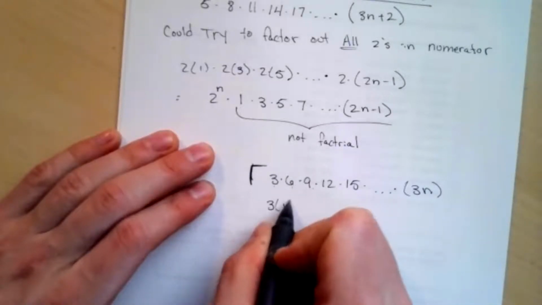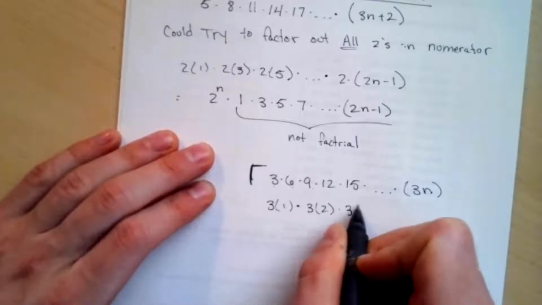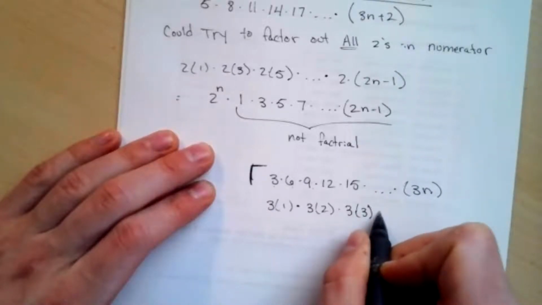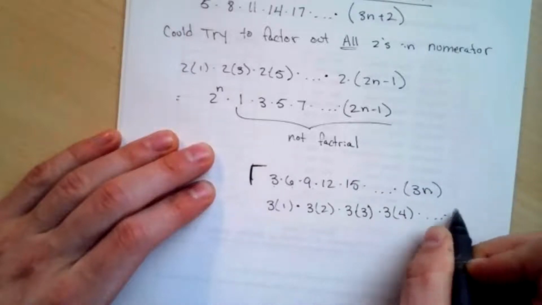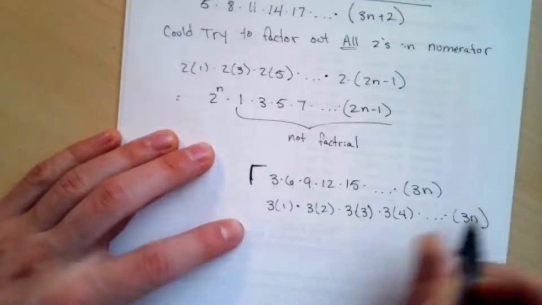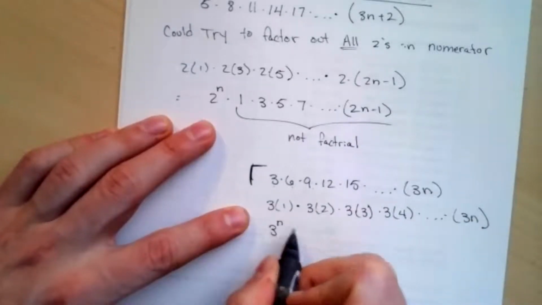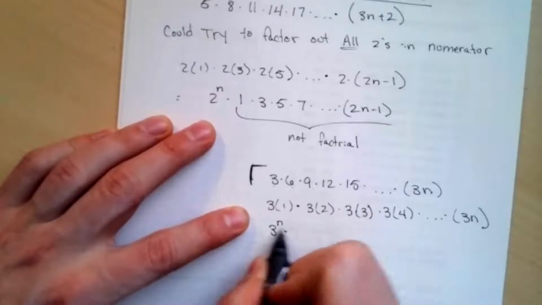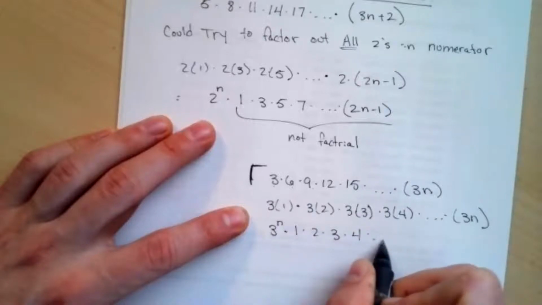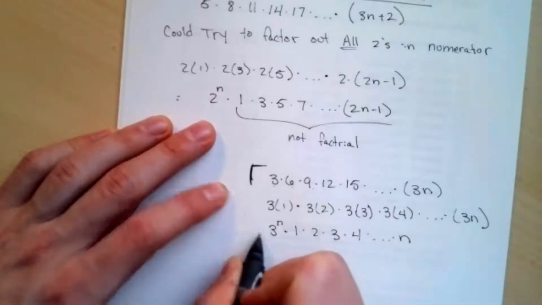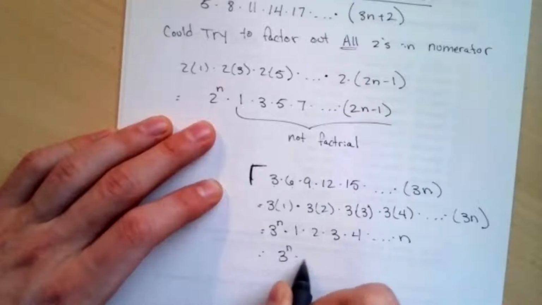So it's 3 times 1, 3 times 2, 3 times 3, 3 times 4. We can simplify this expression by writing it as 3 to the n times what's going to be left, 1 times 2 times 3 times 4. In other words, it's 3 to the n times n factorial.